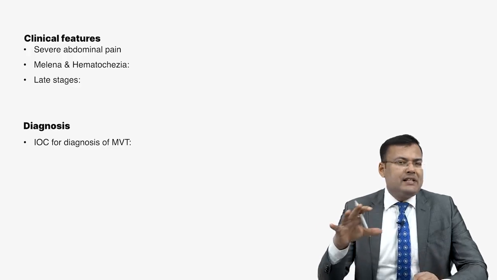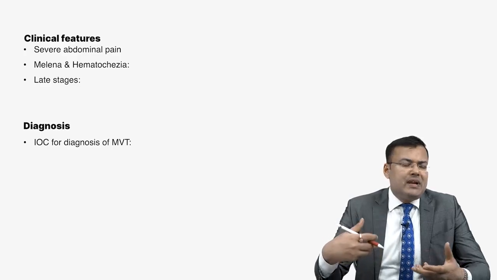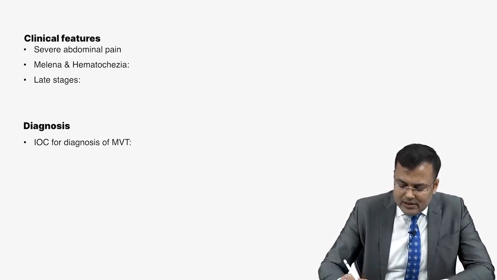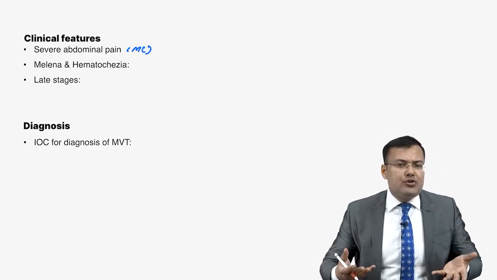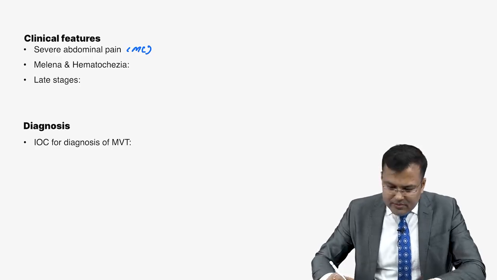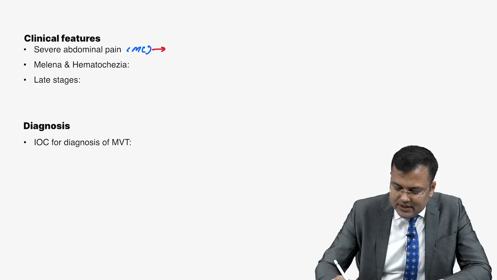Now, what is the problem here? The manifestations will be very similar to acute mesenteric ischemia. The patient will have severe abdominal pain, which is the most common symptom, and it is out of proportion to the signs. This severe abdominal pain is going to persist for 2 to 3 hours.